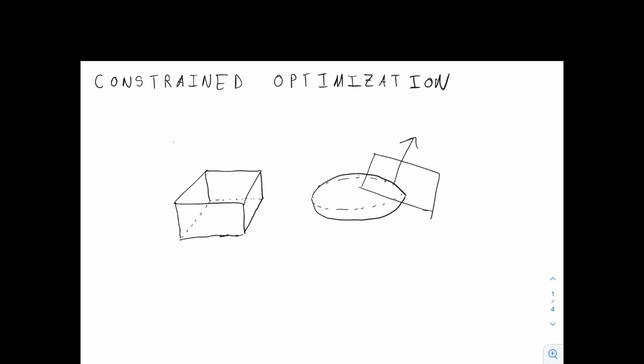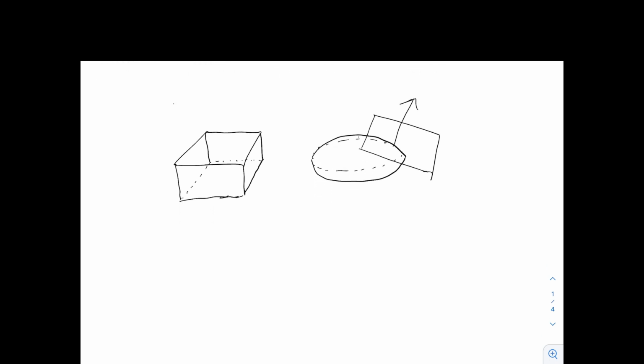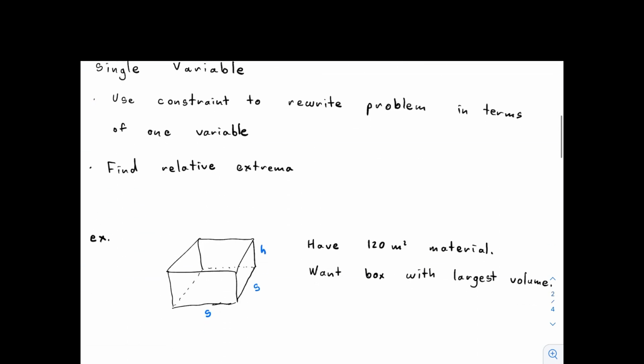In terms of the topic I want to bring up today, the formal terminology is constrained optimization, and as we were alluding to earlier, it is essentially the idea of still finding maximum and minimum, maxima and minima, but we have some additional things to worry about, some constraints. In the single variable case, let's discuss that first.